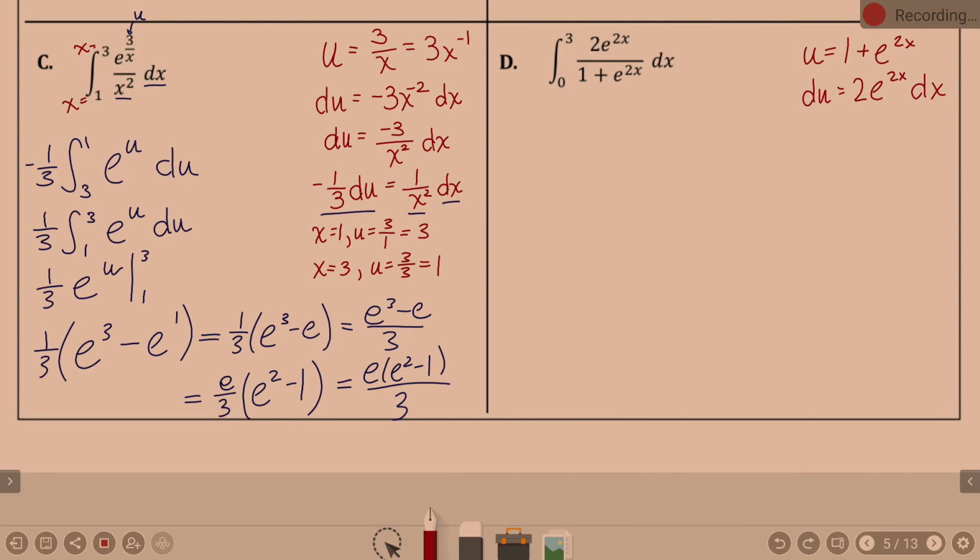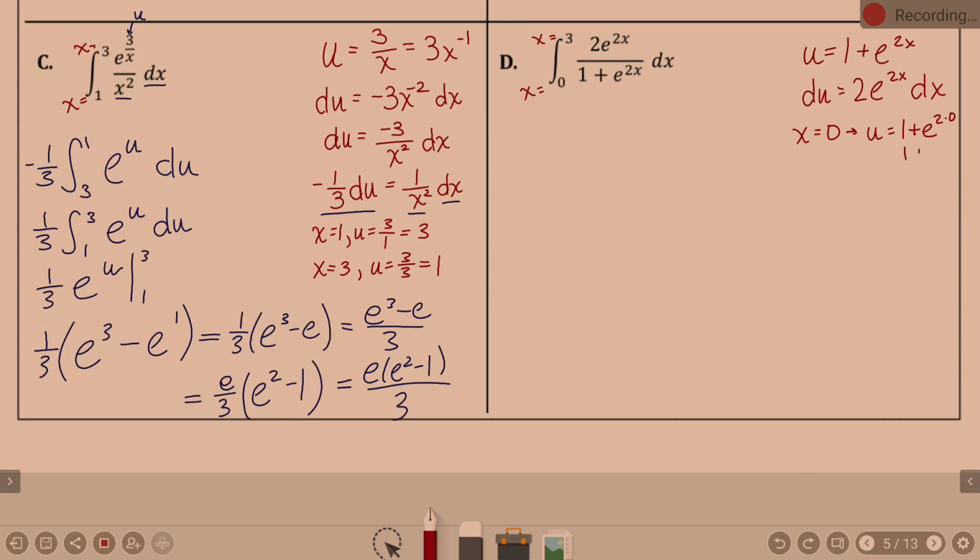So we have these x values. When x equals 0, u is 1 plus e to the 2 times 0. I wrote that out on purpose this time. 2 times 0 is 0, e to the 0 is 1, since anything raised to 0 is 1.